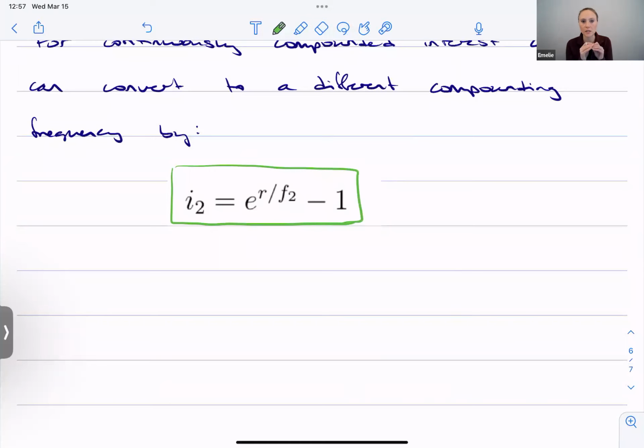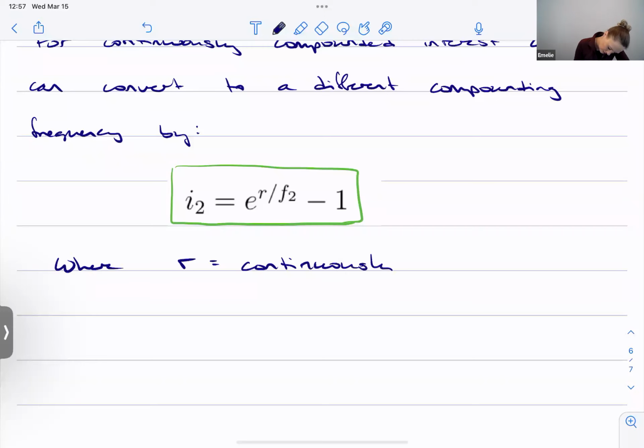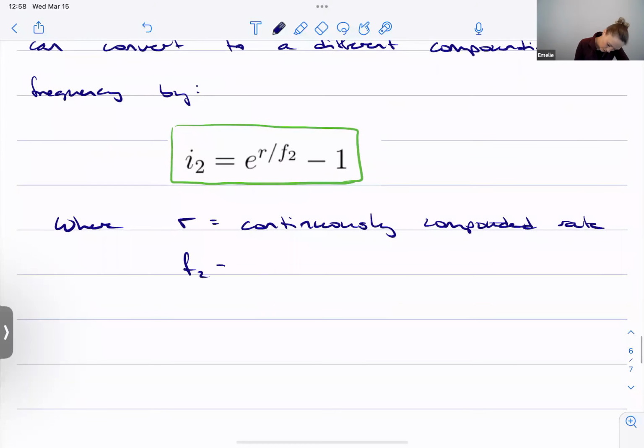Where R is the continuously compounded rate, and F2 is the new compounding frequency that you want to convert it to.